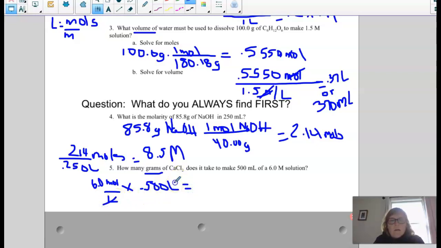Cross out liters. So 6 times 0.500 should give you 3 moles of calcium chloride, or 3.0 moles.